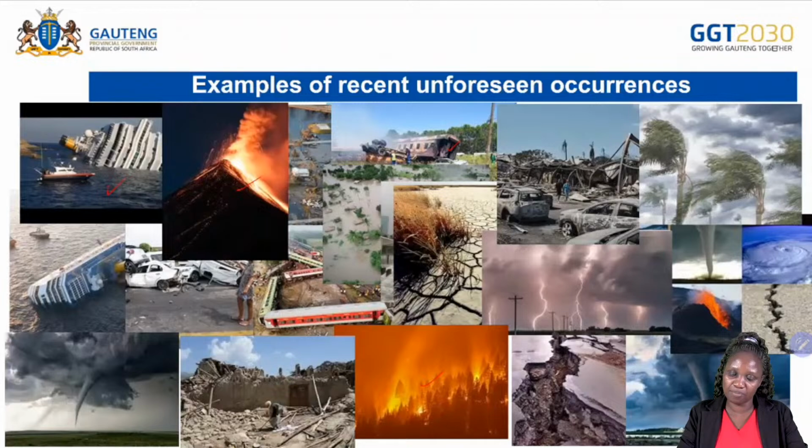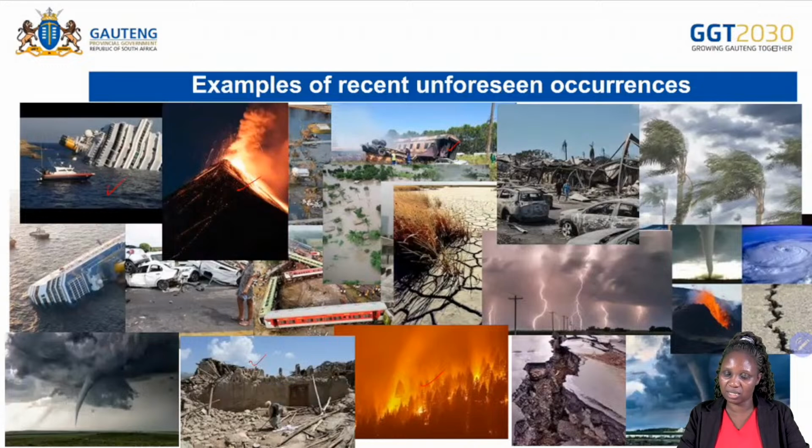Look at this house, okay? It's been destroyed. And look at the hurricanes and the cyclones, the wind, and look at the lightning and the tsunamis. This is devastating. And even the drought.